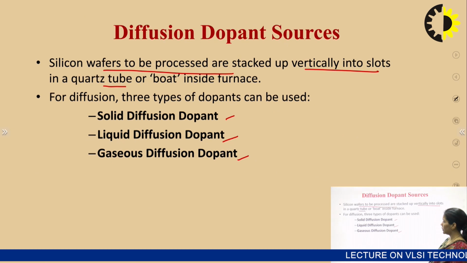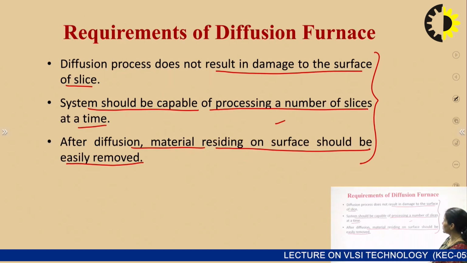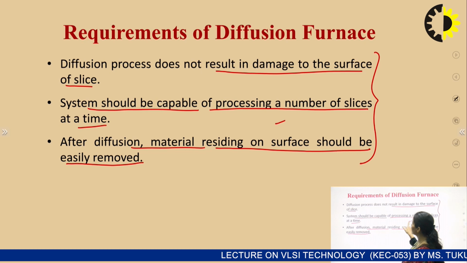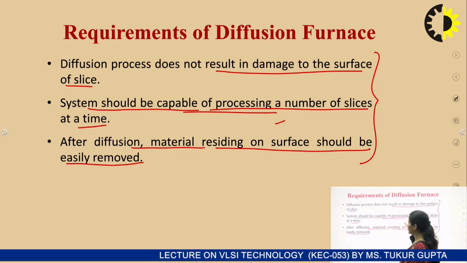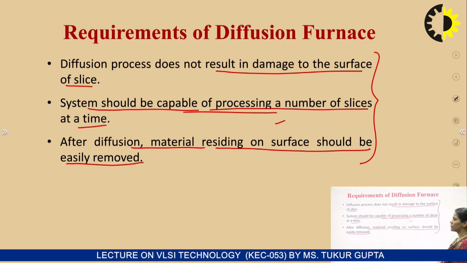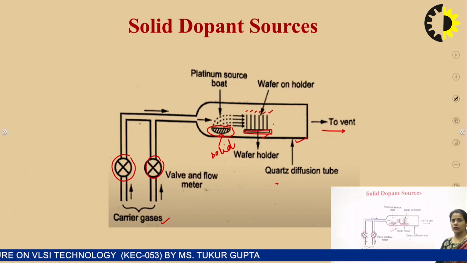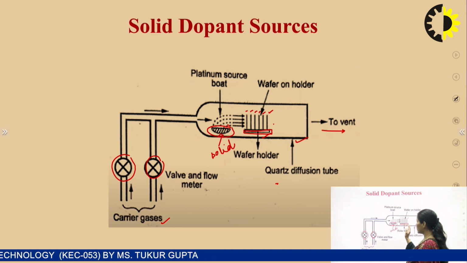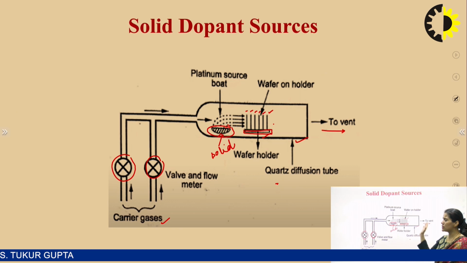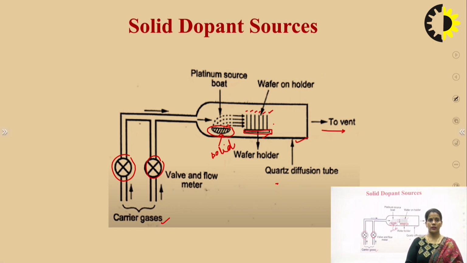The condition that we studied under the requirements of a diffusion furnace, that the system should be capable of processing a number of slices at a time, has been fulfilled in all the three arrangements. This is just a representative scenario in which a limited number of wafers is seen, though a large number of wafers are handled in these arrangements.